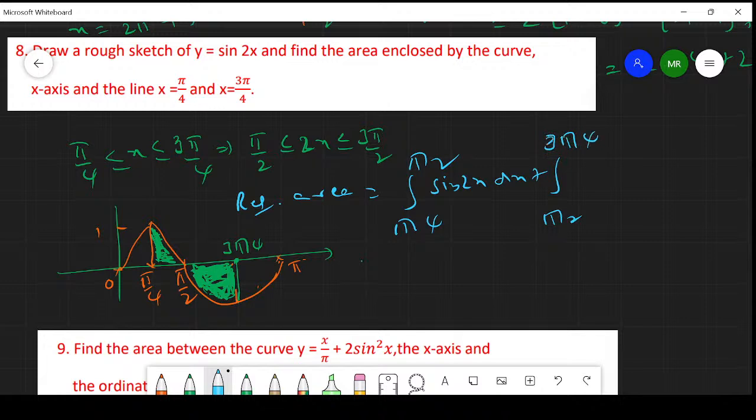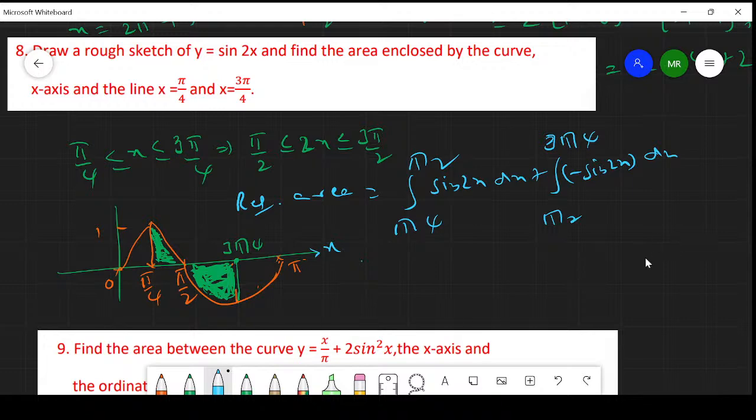These are the x values. This is y, because we know this is the x-axis, y equal to 0, upper curve minus lower curve, 0 minus sine 2x dx.